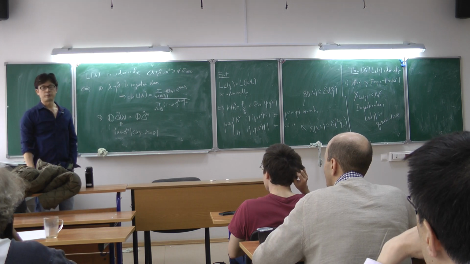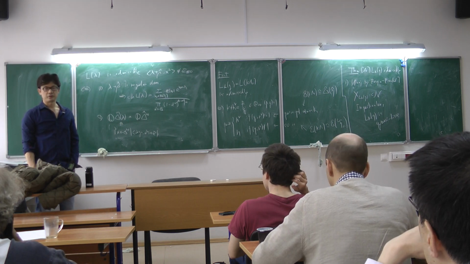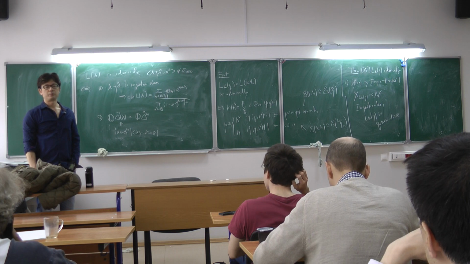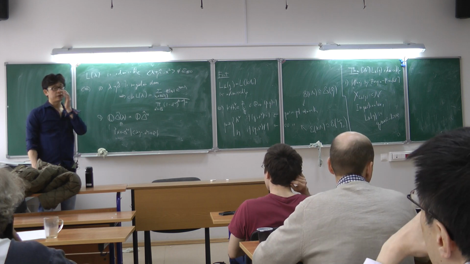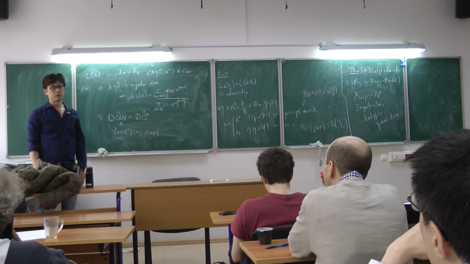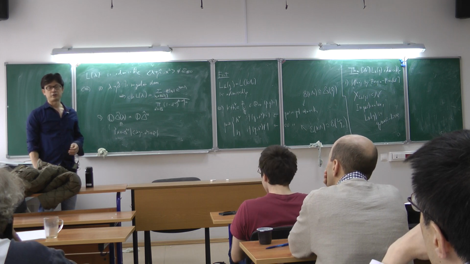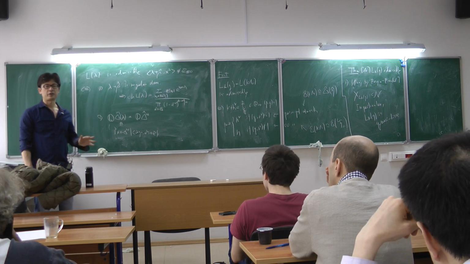So the Kazhdan-Lusztig polynomial is not trivial at all. But because of the modular linear differential equation, you can actually obtain an explicit character formula, which is quite surprising.